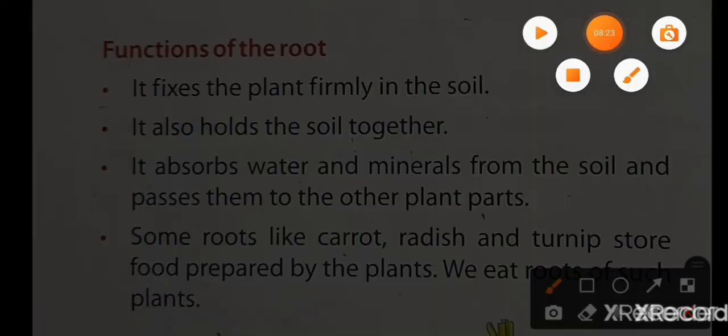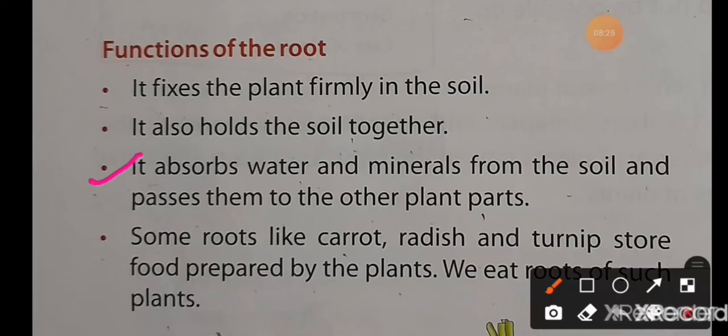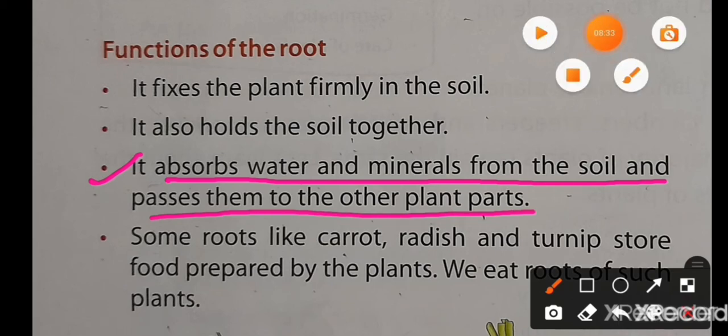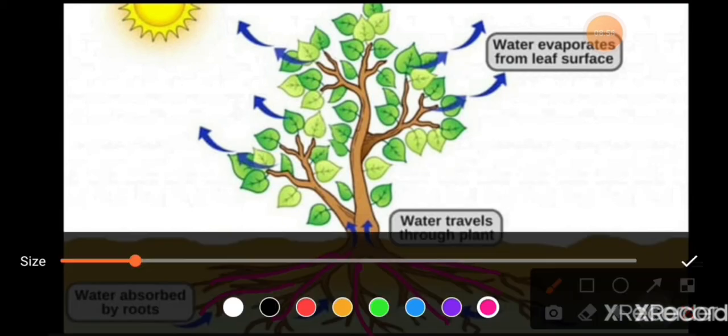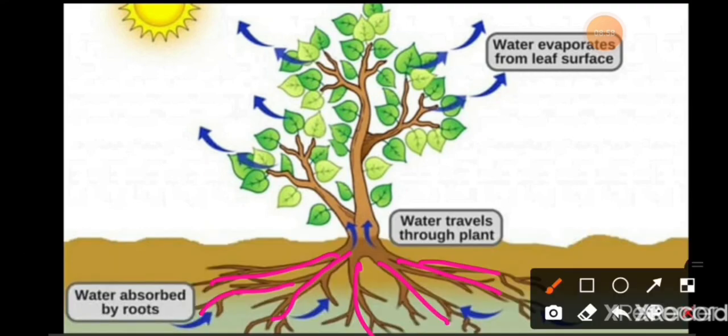The next function: it absorbs water and minerals from the soil and passes them to the other parts of the plant. So the roots absorb the water and the minerals from the soil, and they pass this water and minerals to the other parts of the plant, like the branches, leaves, stem, flowers, fruits, etc. In this picture you can see that these are the roots, and they absorb the water and minerals from the soil.